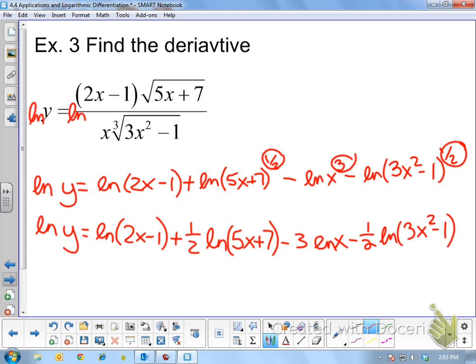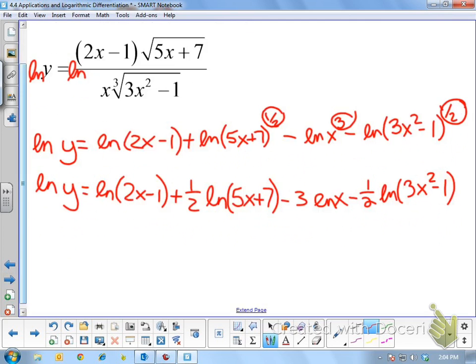Okay, so now we can take the derivative, and we do need chain rule, but we only have to do chain rule once on each piece. We don't have to have a whole bunch of rules together. So same thing over here, the derivative of ln y is 1 over y times y prime. And all the rest are basically the same: 1 over what's on the inside, times the derivative of the inside.